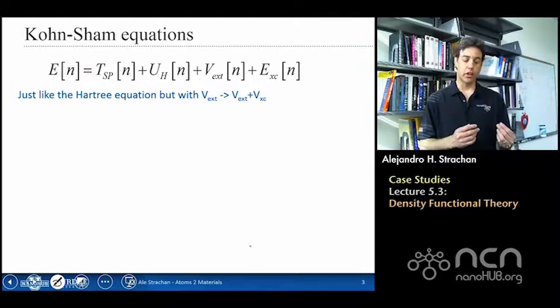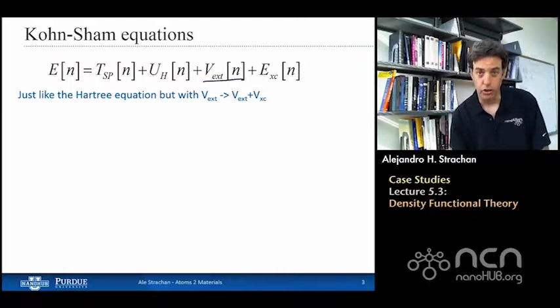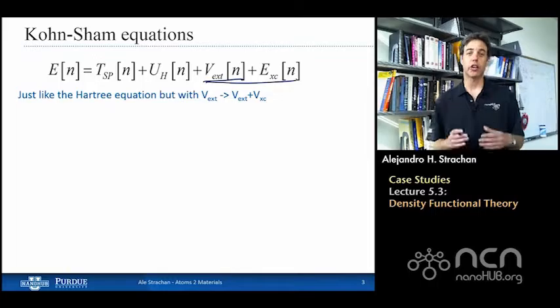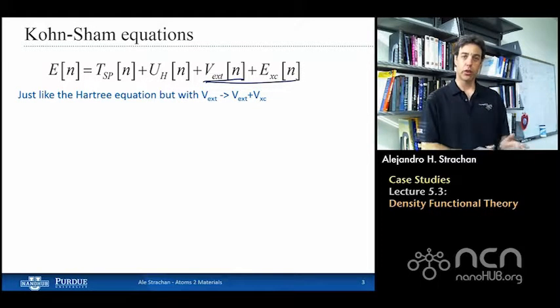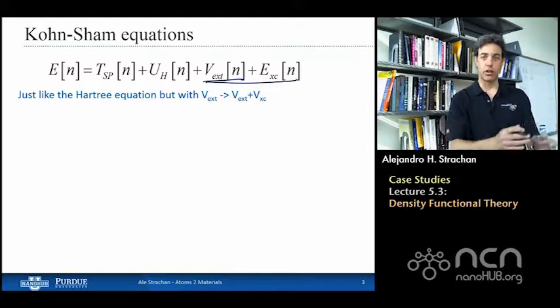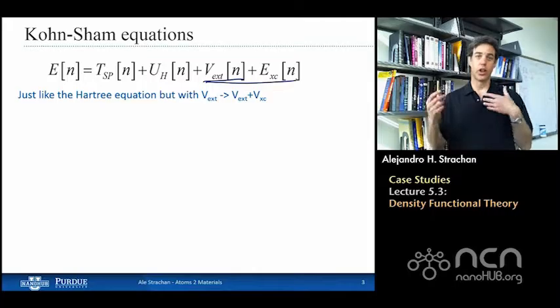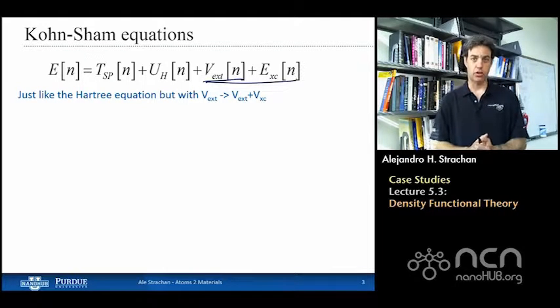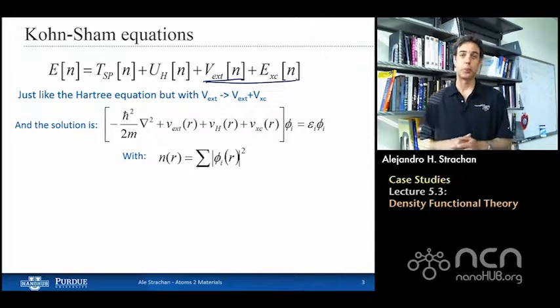But instead of having, in Hartree, just the external potential, now the external potential includes the exchange and correlation potential. So if I take the Hartree equations and replace external potential with external potential plus exchange and correlation, then I have these Kohn-Sham equations that satisfy DFT.